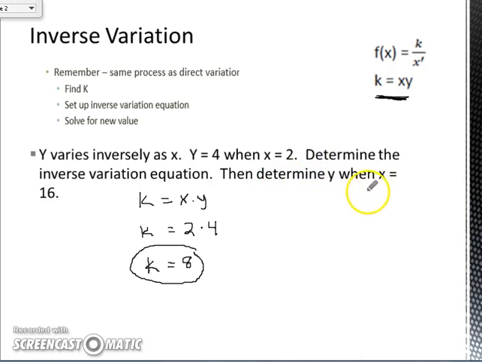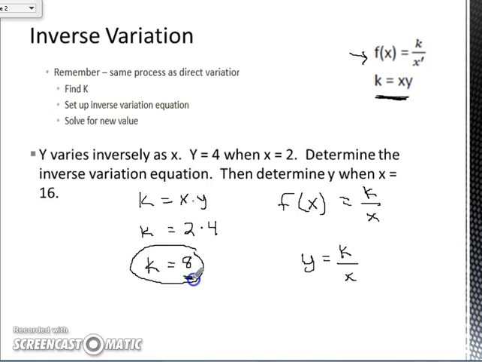We want to determine y when x equals 16. So we already know it's an inverse variation. So we want to use our inverse variation equation, which is f of x equals k divided by x. And f of x and y are the same. They represent that same number. So we can also use y equals k divided by x.